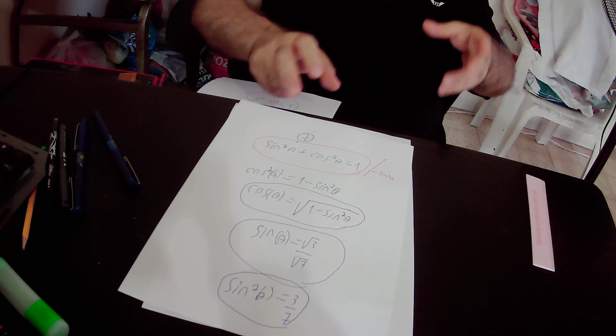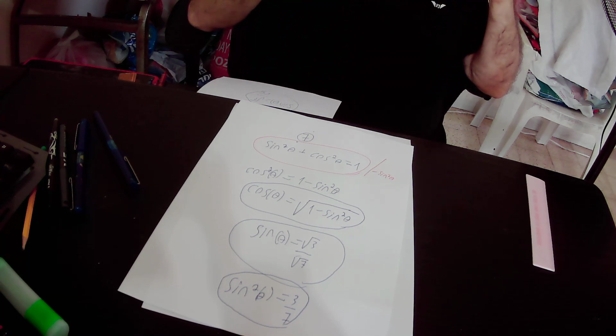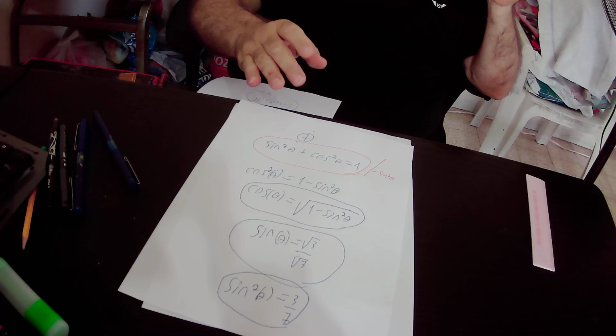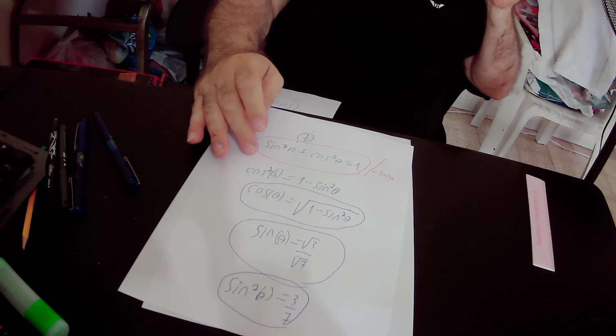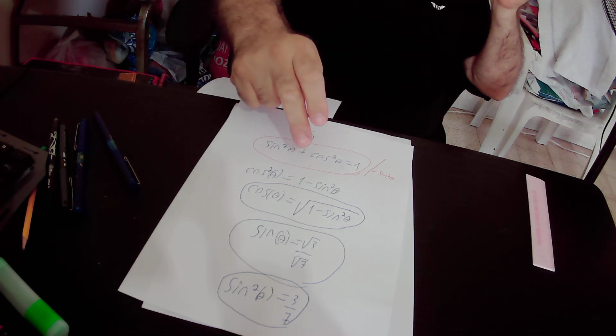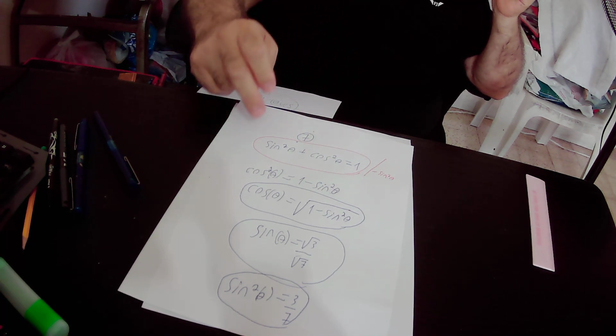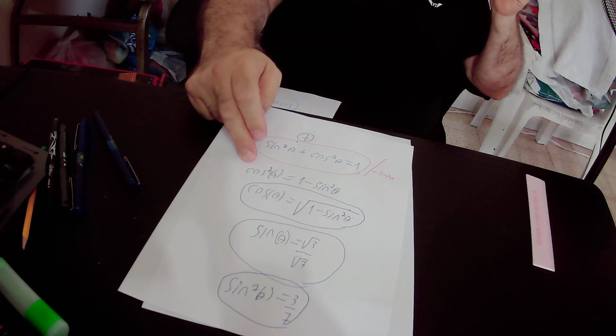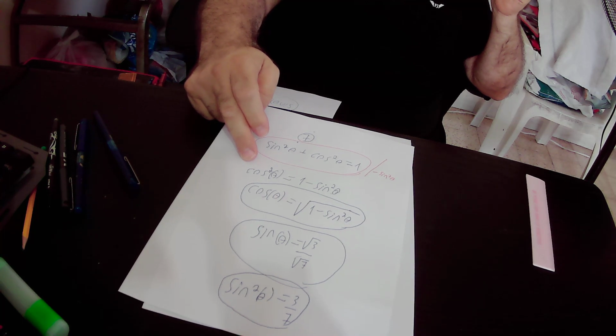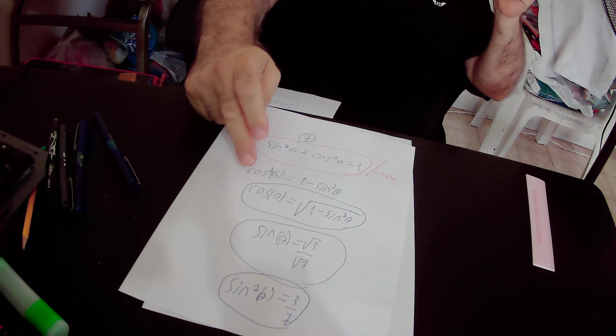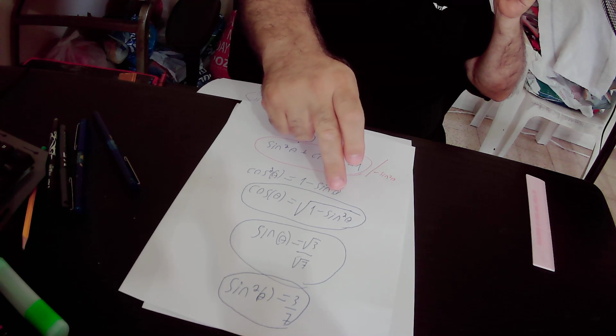From this identity, we subtracted sine theta squared, and we got that cosine theta squared equals 1 minus sine theta squared. Then we take a root, and we got that cosine theta equals the root of 1 minus sine theta squared.